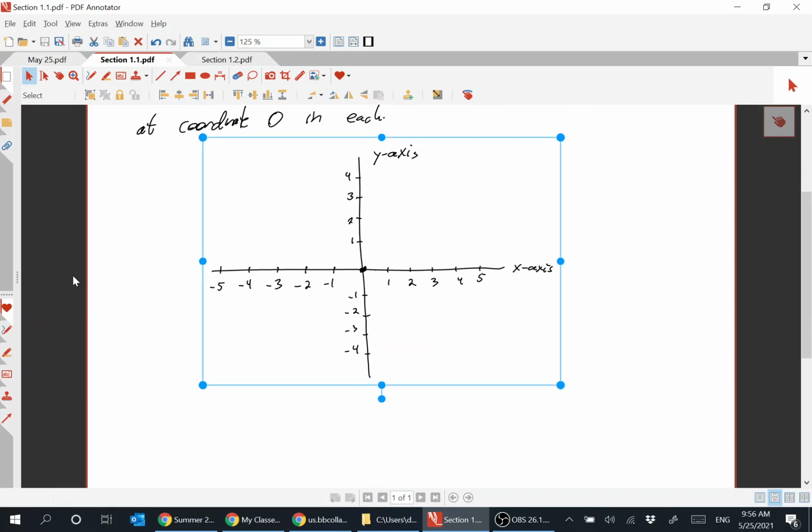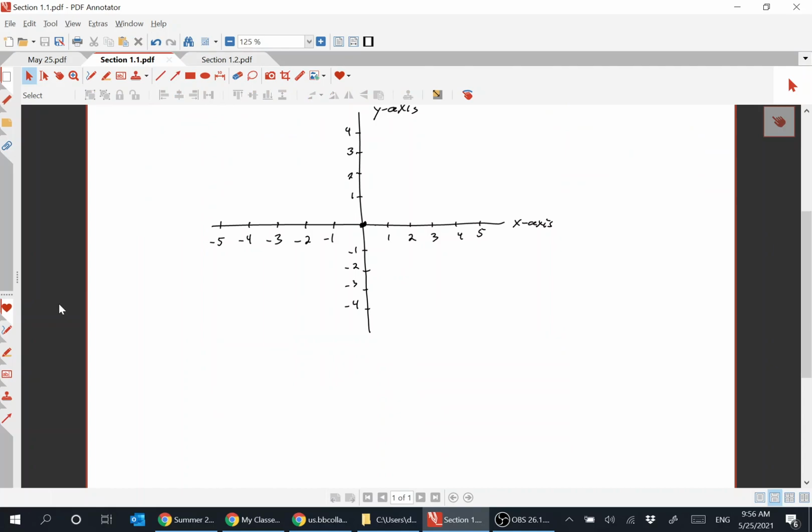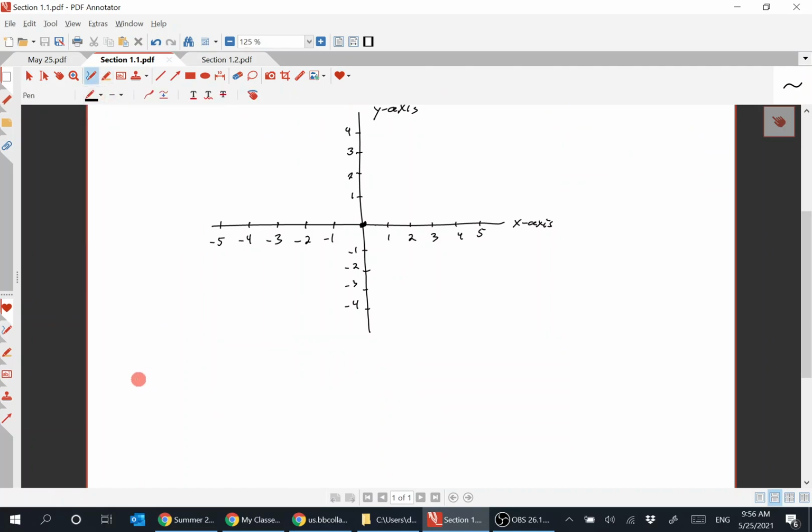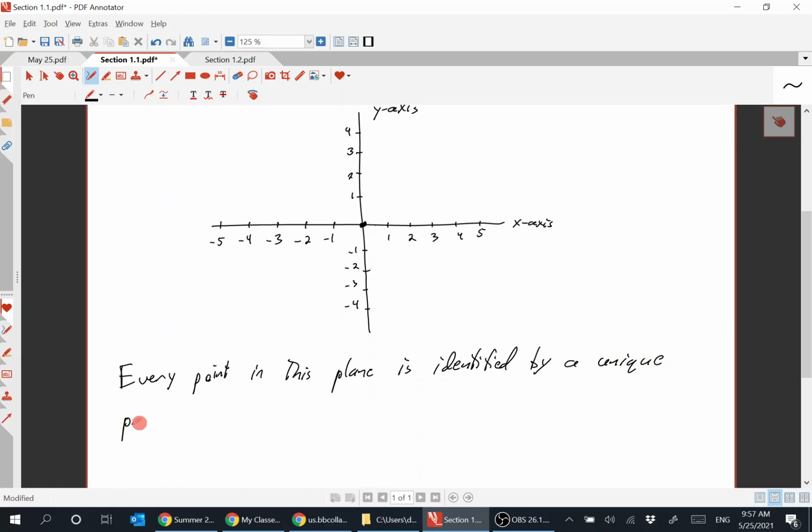Now, every point in this plane has a unique x and y coordinate that goes along with it. It is identified by a unique pair of numbers x comma y.